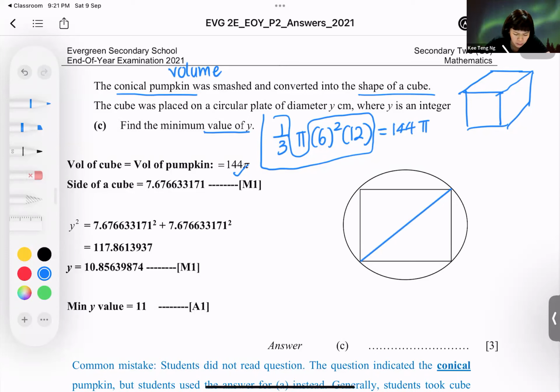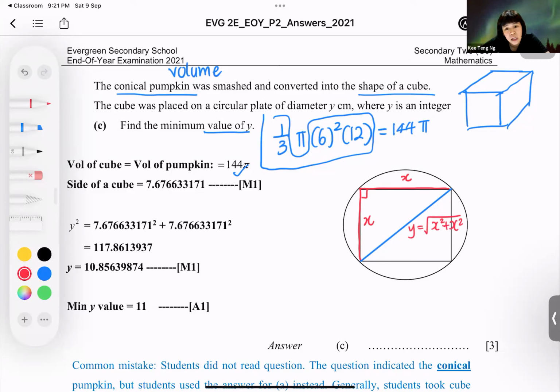And how do I find the diameter? Given that it's a cube, this length, which is your x, and this length, which is your x, will give you the Pythagoras theorem. Can find the diameter, which is the minimum value of your y. So y equals the square root of x squared plus x squared, which is the square root of 2x squared. But please don't go and cancel anyhow, okay?